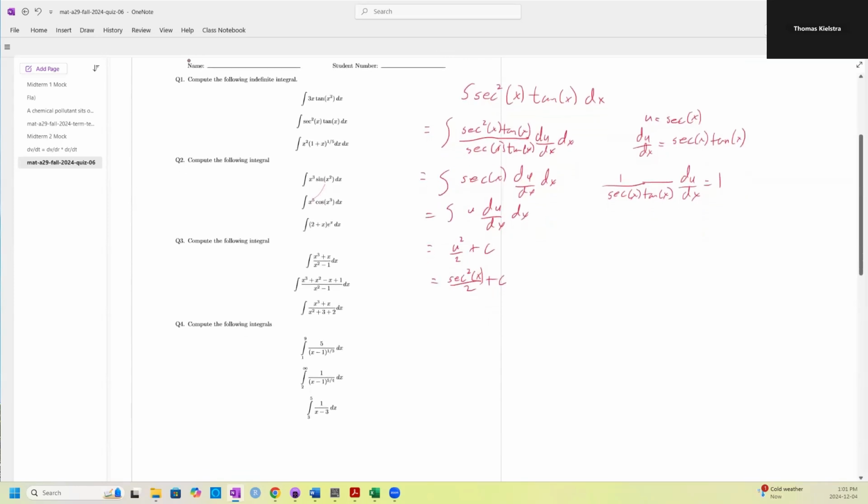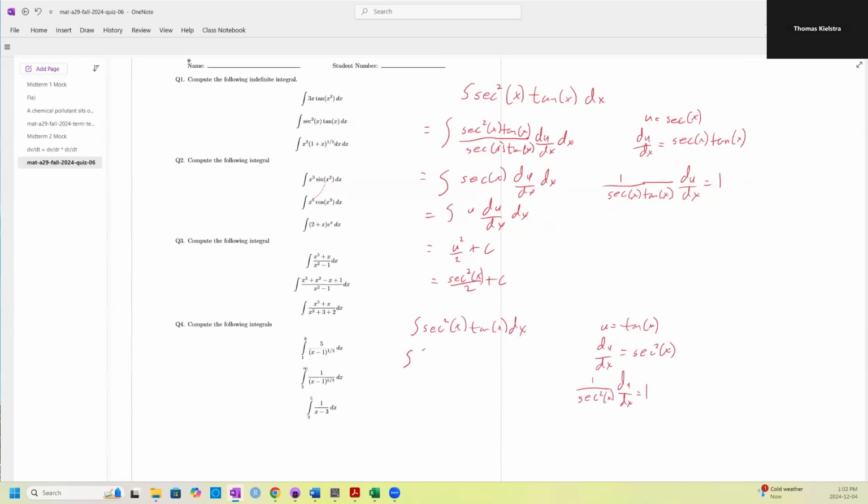Now, if we instead look at the integral of secant squared x tan x dx, and we let u equal tan x, then du by dx equals secant squared x, or 1 over secant squared x du by dx equals 1.